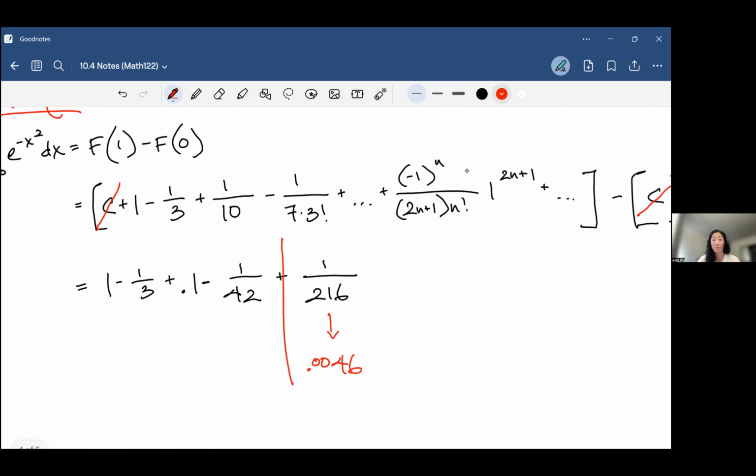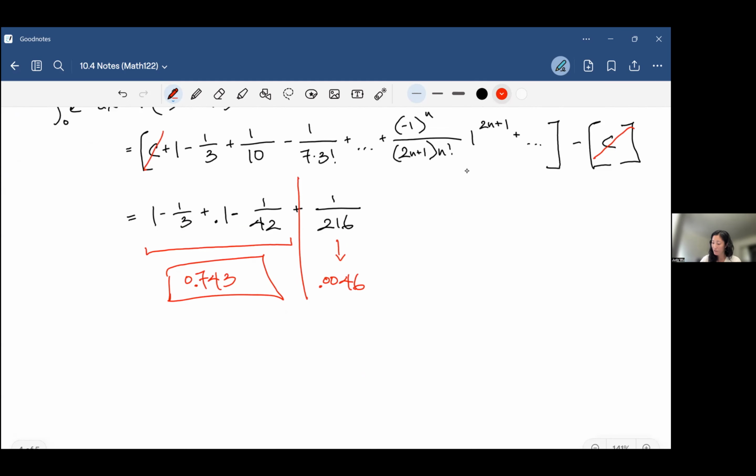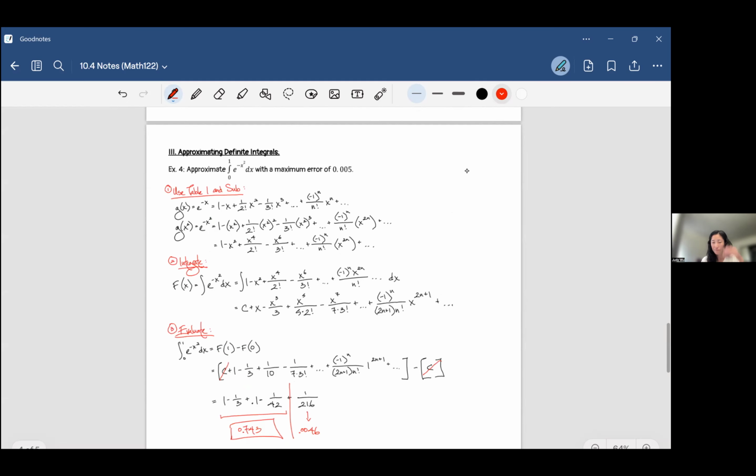So this is where I get to stop. In other words, the first 4 terms together will give me an approximation of this integral that I wouldn't know how to do otherwise. When I add those all together, I get 0.743, and so this is my approximate integral.